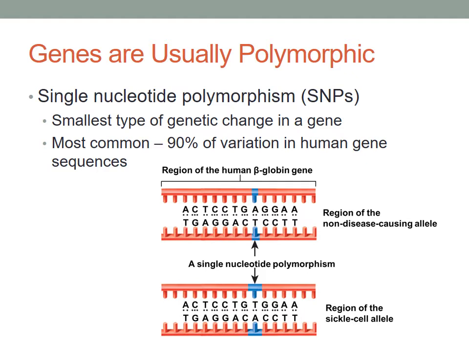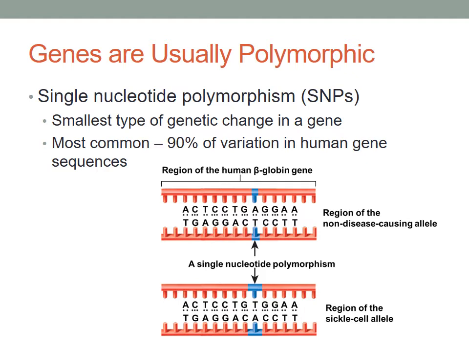But 90% of the variation in the human gene sequence is due to these SNPs. So there's some gene variation due to larger changes. But a lot of what happens is due to a single nucleotide change. Things like sickle cell anemia are due to a single nucleotide difference.